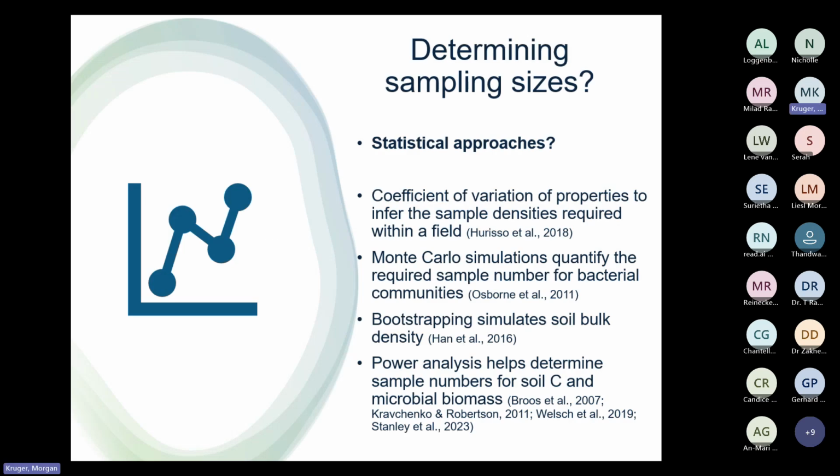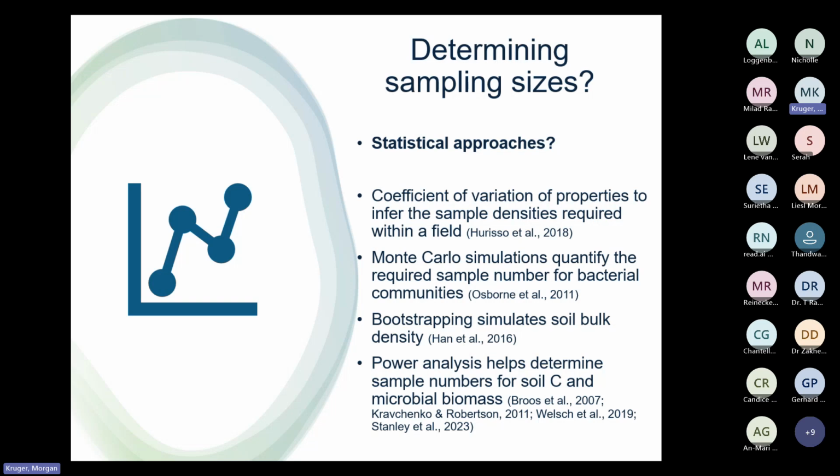Existing studies have made efforts to obtain representative sampling or soil sample numbers to achieve accurate results. And these are just some of the approaches that I mentioned here, but there are others. The coefficient of variation of soil properties has been used to infer sample densities required within a field. Osborne et al. 2011 used the Monte Carlo simulation approach to quantify the number of samples required to understand bacterial community in pastures and revegetated forests.